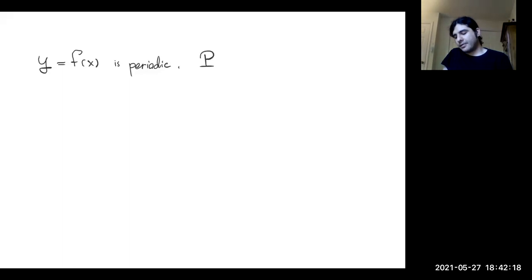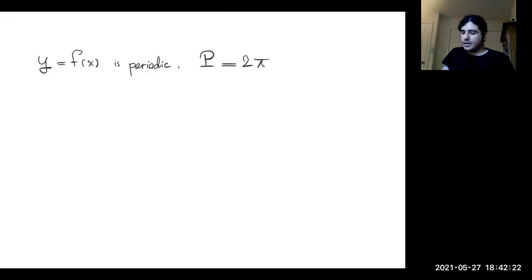Let's start with the concept of Fourier series for periodic functions. The idea is to express a periodic function as a sum of trigonometric functions. So suppose we have a function y equals f of x. Let's assume that f of x is a periodic function, and suppose the period of f is exactly 2 pi.